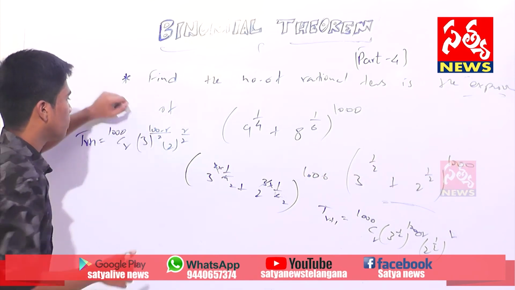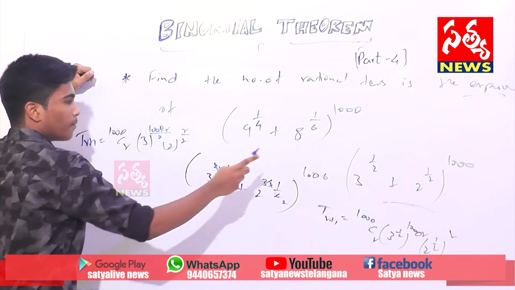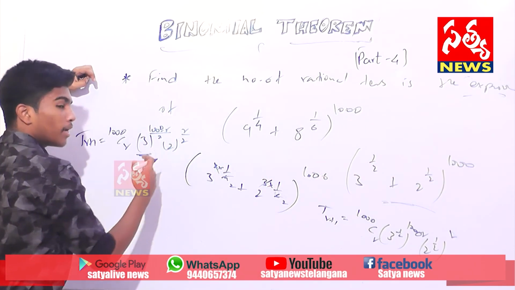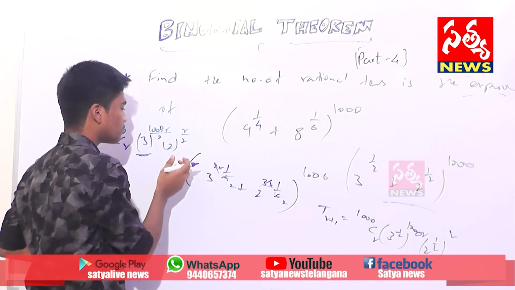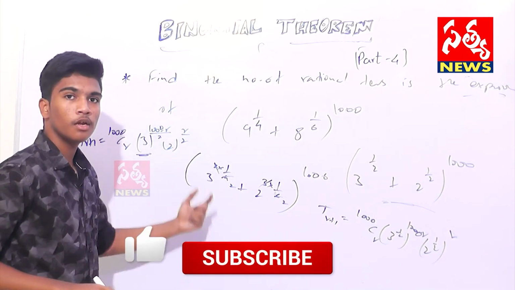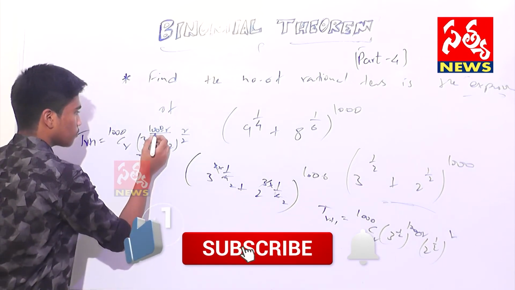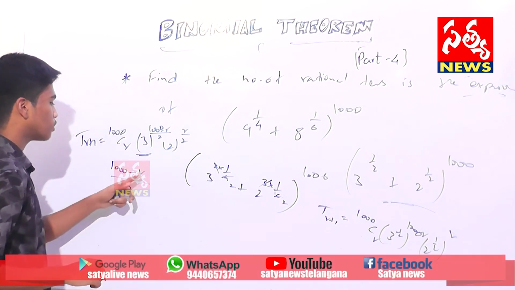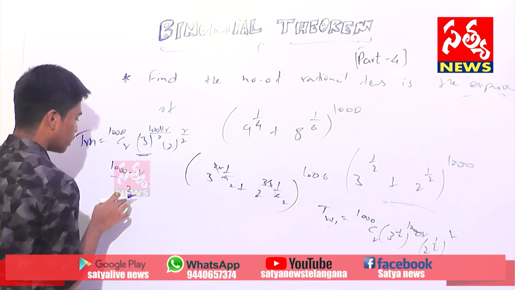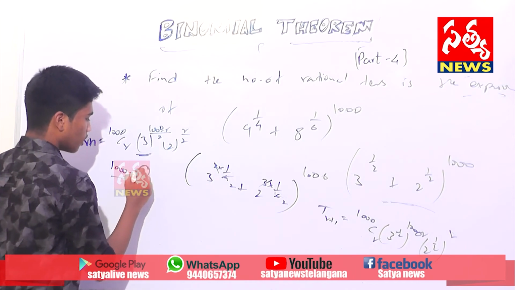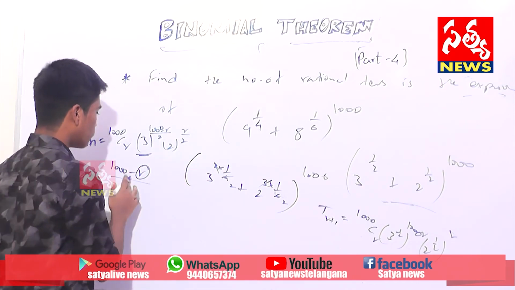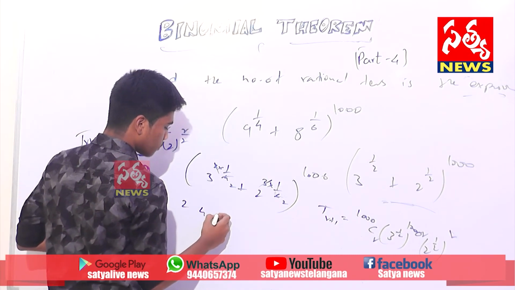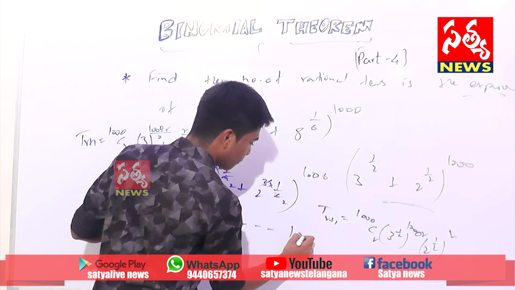Now, for being a rational number, 3 should have a whole number as its power, and 2 also should have a whole number as its power. For that, 1000 minus r should be divisible by 2. So if r is a multiple of 2, then it can be divided by 2. So r should be 2, 4, 6, 8, and so on up to 1000.